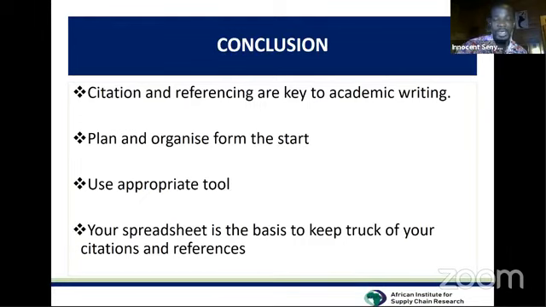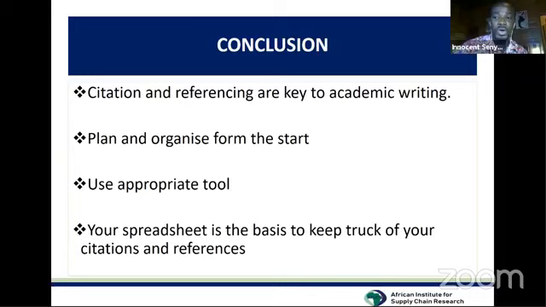Don't do your work halfway through and come back and say you are now planning how to manage your citations. No, start from the beginning. In fact, from the proposal stage, you should have all these available and start putting together your literature, your references, and your citations. Again, use an appropriate tool.